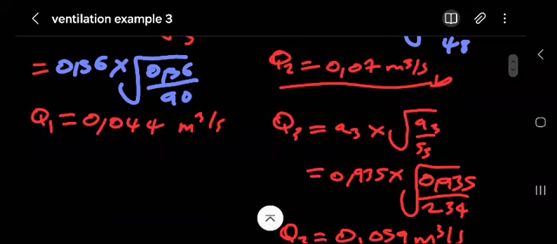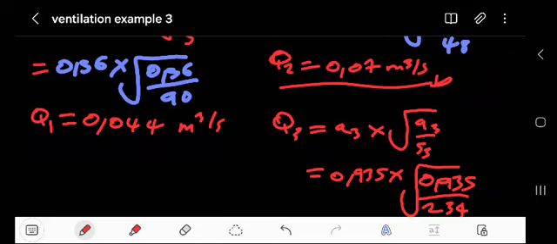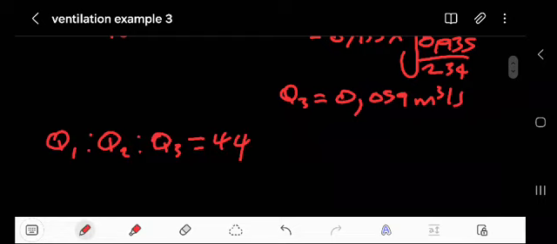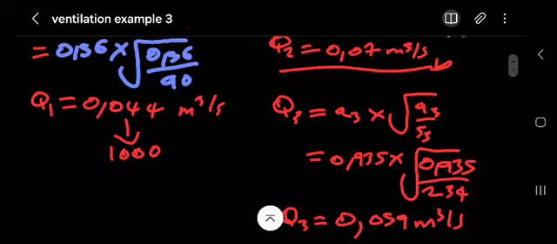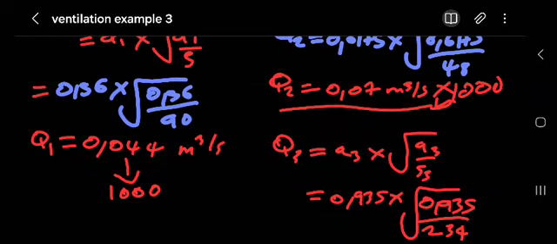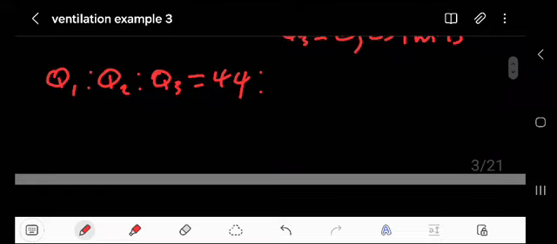Here is Q1. Multiply this value by 1000. I want it to be ratios if I multiply that by 1000. 0.044 multiplied by 1000 will be 44. Then Q2, here is Q2, I multiply this by 1000 also. That will be 70.